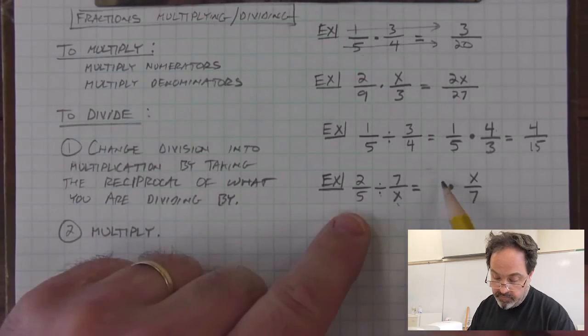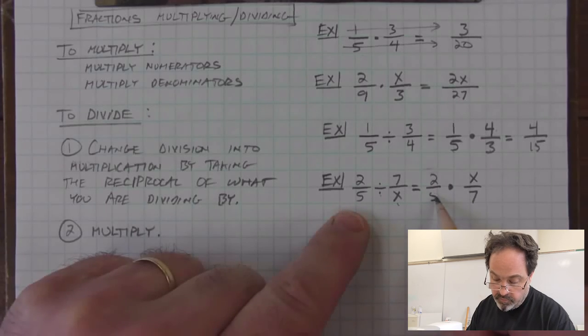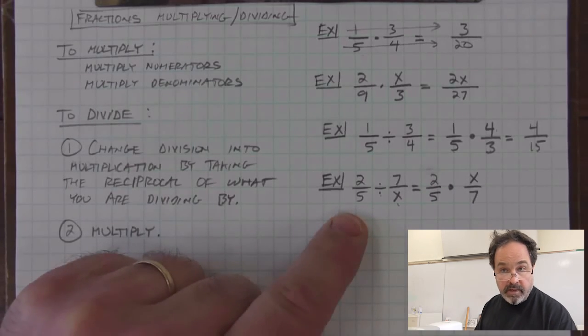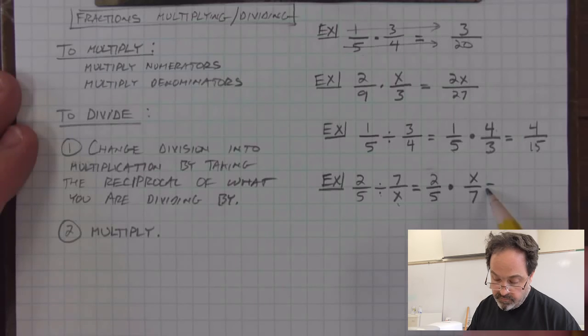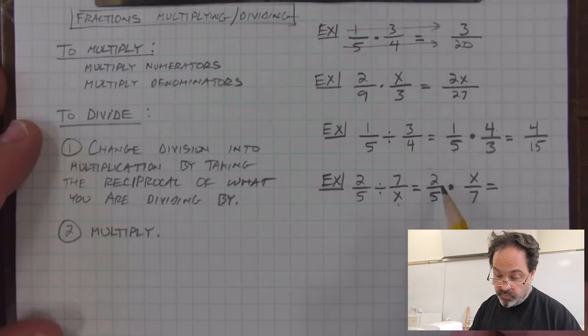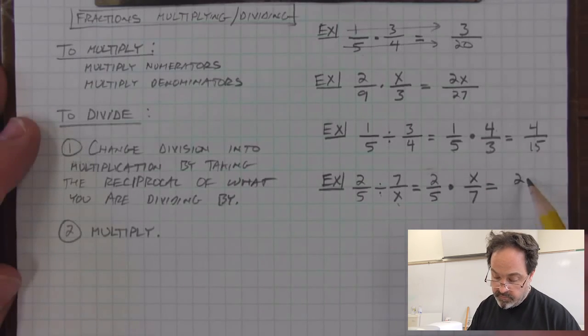And what we're dividing, the first fraction, does not change, it remains the same. Now that I've made those changes, I multiply. Numerators, 2 times x is 2x. Denominators, 5 times 7 is 35.